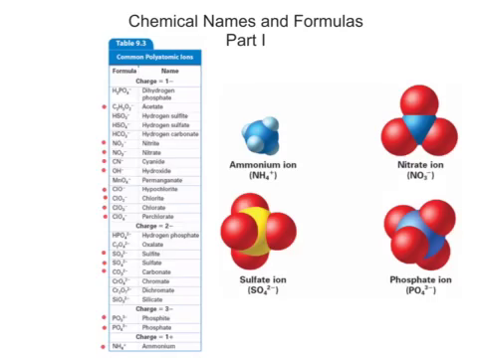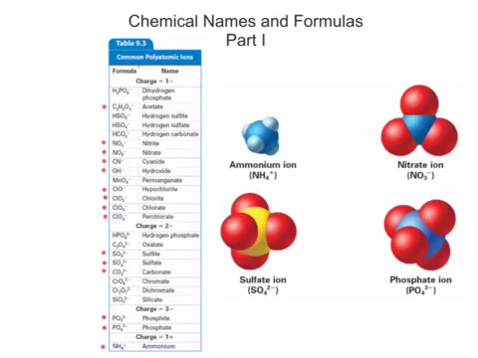Here you see some space-filling models of some of the most common polyatomic ions, ammonium, NH4+, so it does not end with ate or ite, and there's no oxygen in it. It comes from the compound ammonia, it just has a hydrogen attached. It's one of the very few positive polyatomics that I'm going to want you to know and keep track of.